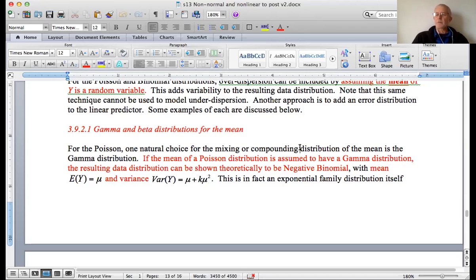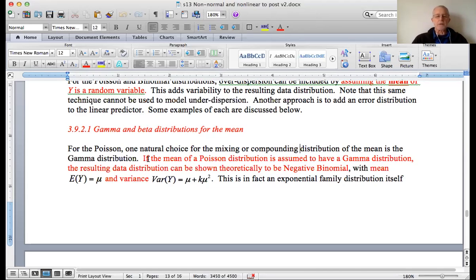Negative binomial reverses that. It's the number of tosses you need in order to get a specified number of heads, so it could take infinitely many tosses. That's why the sample space is 0, 1, 2, up to infinity. Okay, that's all fine, but it's not a useful way to think of negative binomial for generalized linear models.